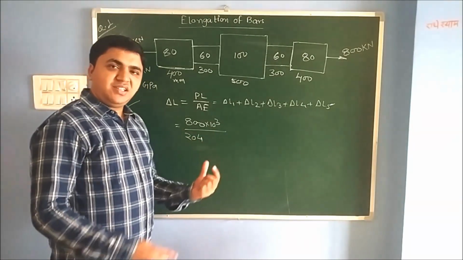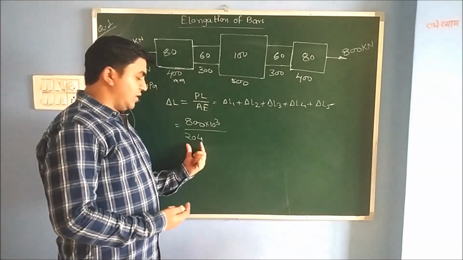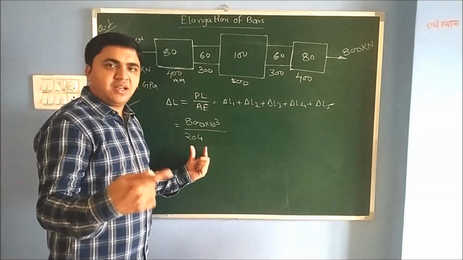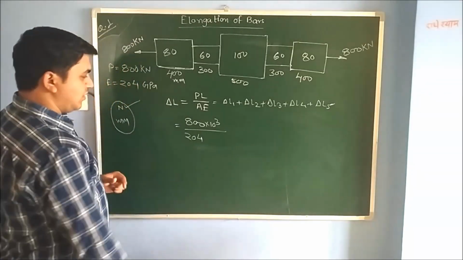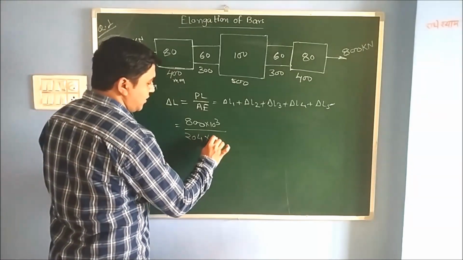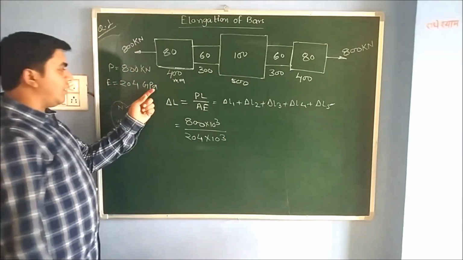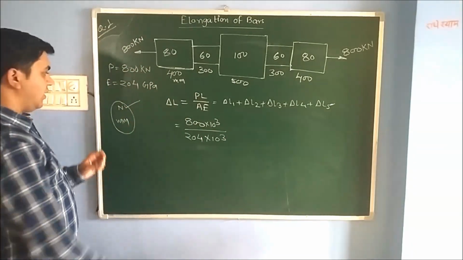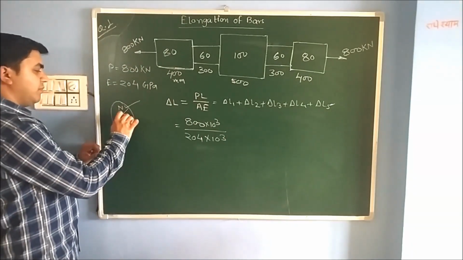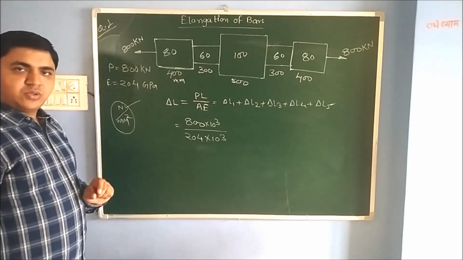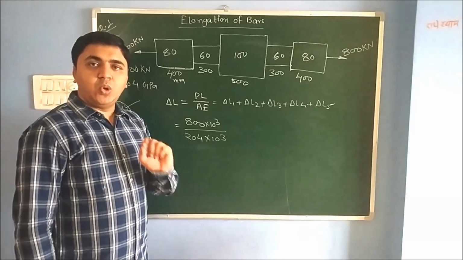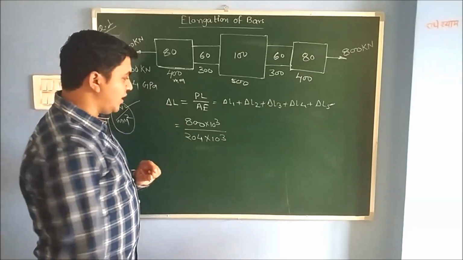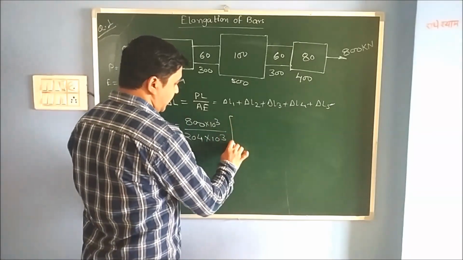We have already seen the conversion of GPa to MPa, that is Newton per mm square, in the previous lecture. If we multiply by 10 raised to power 3, GPa is converted into MPa, that is Newton per mm square. So always take the length in mm and load in newtons. So this P and E we have done.